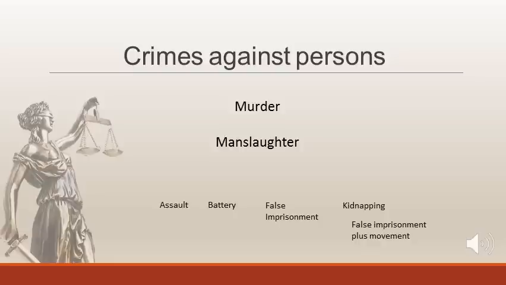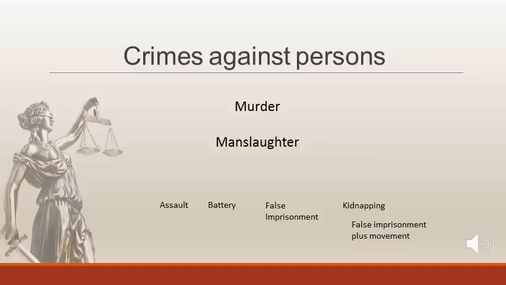Now the distance doesn't make any difference with regard to kidnapping. It doesn't matter how far you move them. So if you took them out of the house and took them next door to the next house, that would still be kidnapping. So the distance is irrelevant as long as there's movement. And that's kidnapping, false imprisonment plus movement.